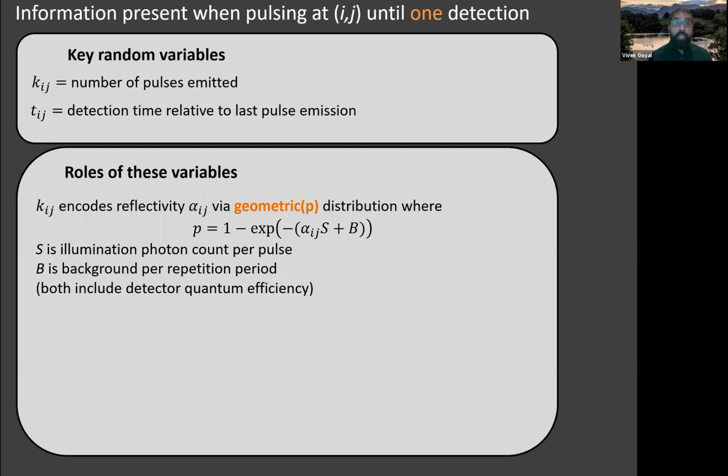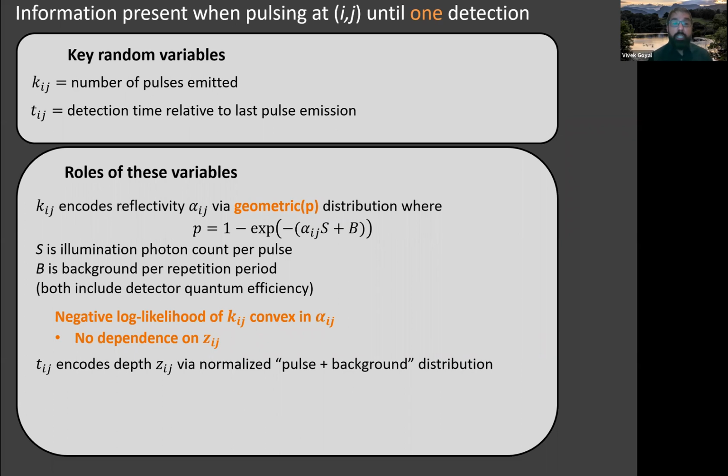The number Kij is random, with a geometric distribution that encodes the reflectivity alpha ij in the sense that it has a parameter that has a one-to-one dependence on alpha ij. Similarly, the detection times encode the depth Zij. Each detection time is drawn from a PDF equal to a normalized version of the pulse plus background rate function depicted in yellow on the previous slide.